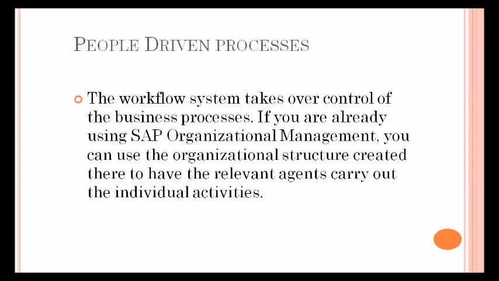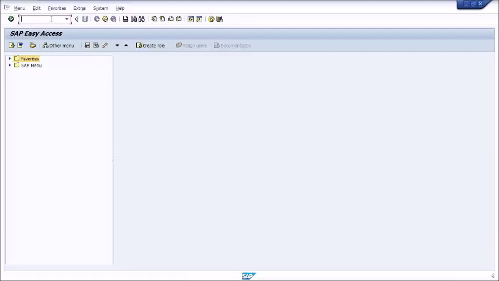We are going to see within this workflow training how you create rules, what the different kinds of rules are, how you make use of organizational structure within the rules, and how you associate these rules within the workflow. All these things we are going to look at in the course, right?